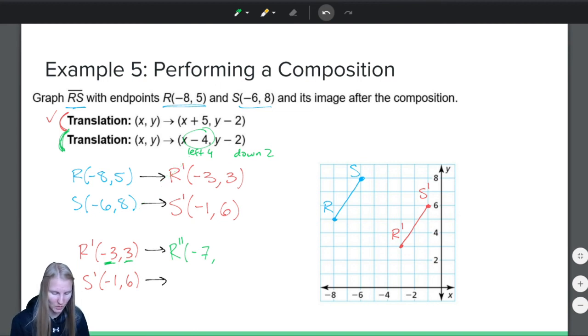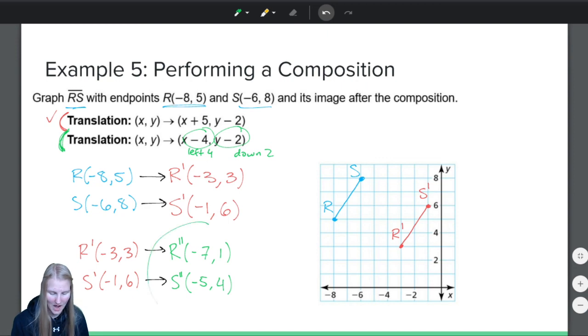Okay, and now we'll take 3, the y coordinate, minus 2. 3 minus 2 is 1. Awesome. We'll do the same thing for S prime, excuse me, and we will find S double prime. So, negative 1 minus 4 is negative 5, and 6 minus 2 is 4.